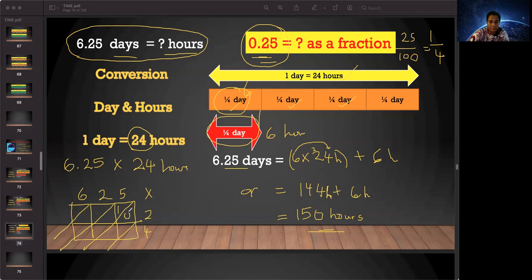So 1 up, 0 down. 2 times 2, 4. Just the 4 down on the lower triangle. 6 times 2, 12. So 1 up, 2 down. And then 5 times 4, 20. So 2 up, 0 down. 2 times 4, 8. So write just your 8 in the lower triangle. 6 times 4, 24. So 2 up, 4 down.